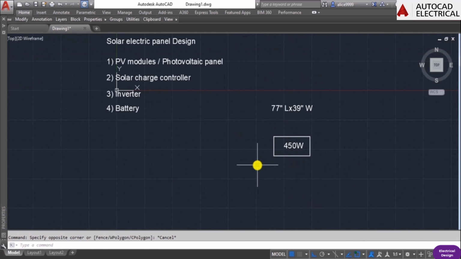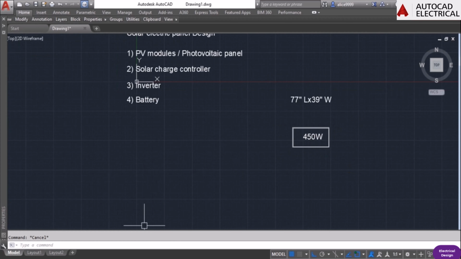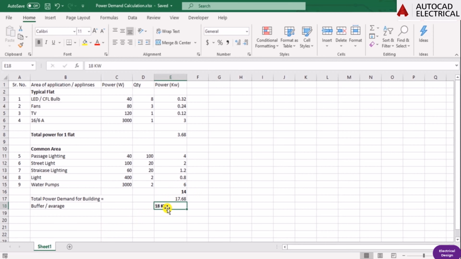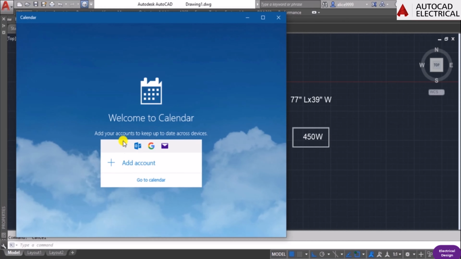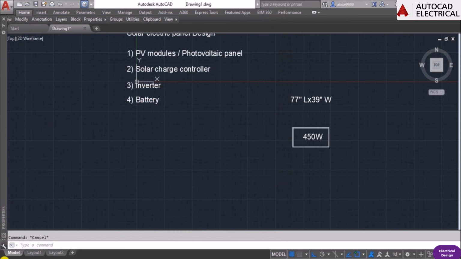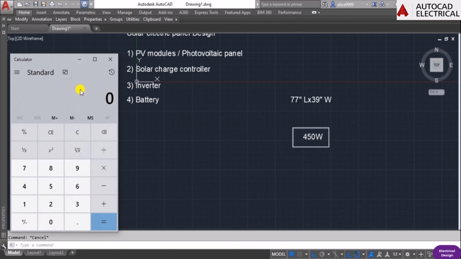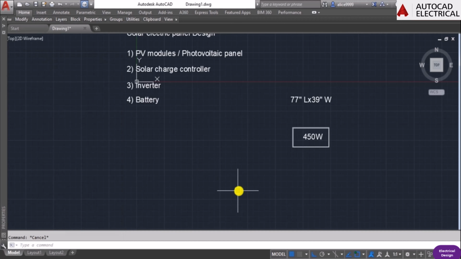So if my entire power requirement is 18 kilowatts, what I require is 18,000 divided by 450. So 40 panels are required for the entire building.